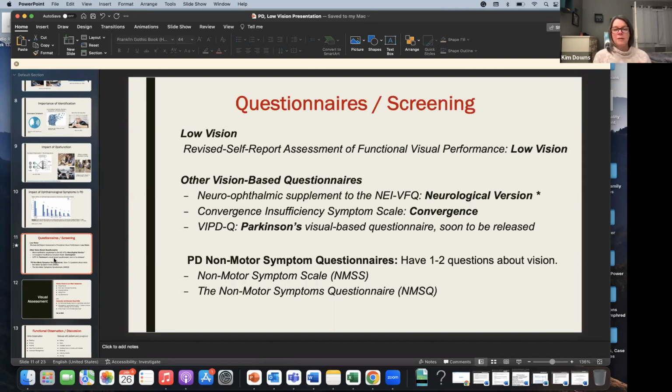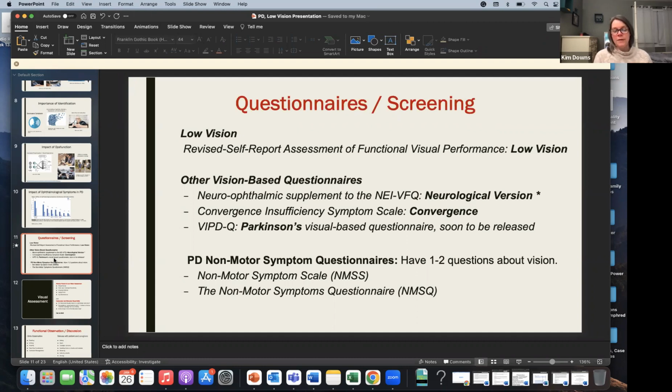If we want to look into other screening tools that highlight the neurological side of the visual changes, more of the ocular motor issues, the double vision and things like that, which may not be so present in traditional low vision screening, there are a couple of other questionnaires that can be utilized. So there's the ophthalmologic supplement to the NEI VFQ.